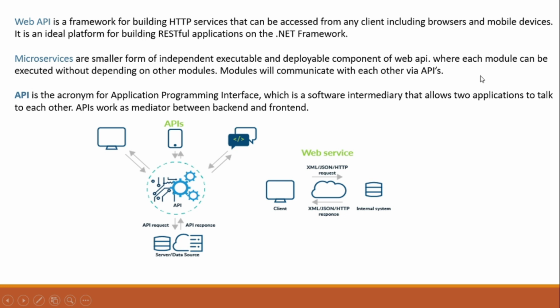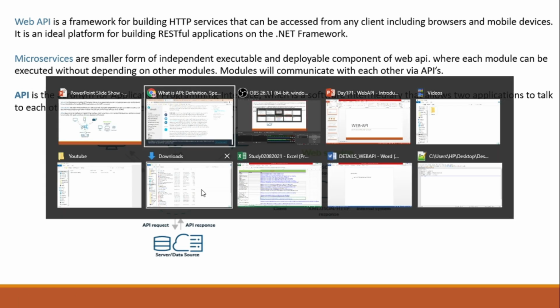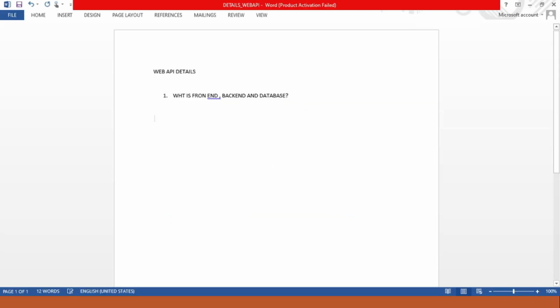Okay, so what happens in this case, if we are developing, we can take an example of four different things: one is finance detail, second is user detail, and fourth is organization, or we can say payment detail.